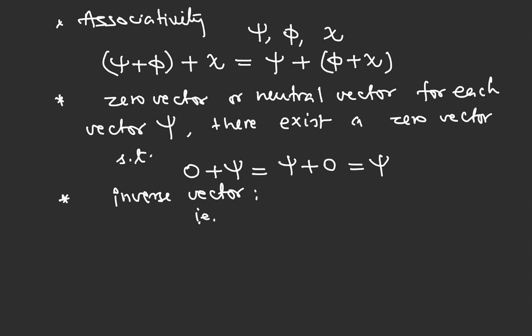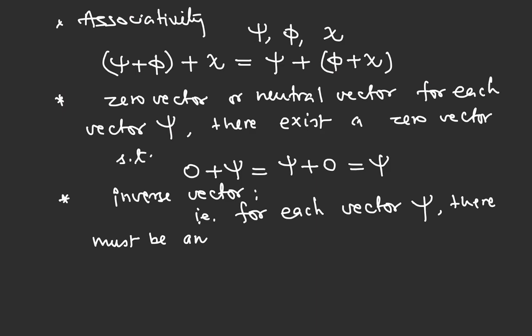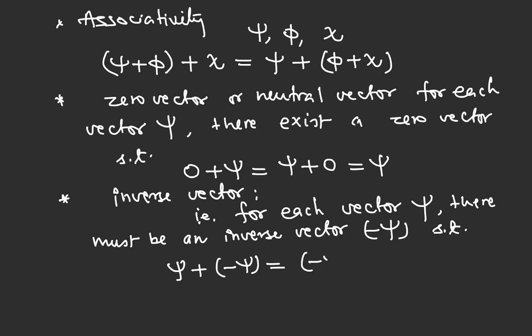That is, for each vector psi, there must be an inverse vector minus psi such that psi plus minus psi is equal to minus psi plus psi is equal to zero vector.